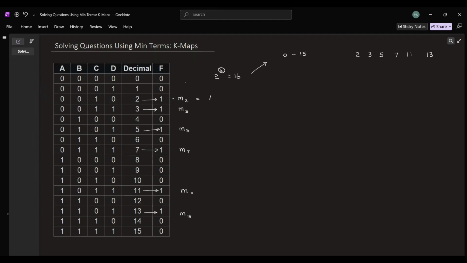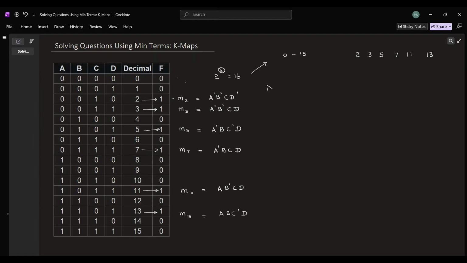So m2 can be given as A bar, B bar, C, D bar, and m3 can be given as A bar, B bar, C, D. m5 can be given as A bar, B, C bar, D, and m7 can be given as A bar, B, C, D. m11 can be given as A, B bar, C, D, and m13 can be given as A, B, C bar, D.